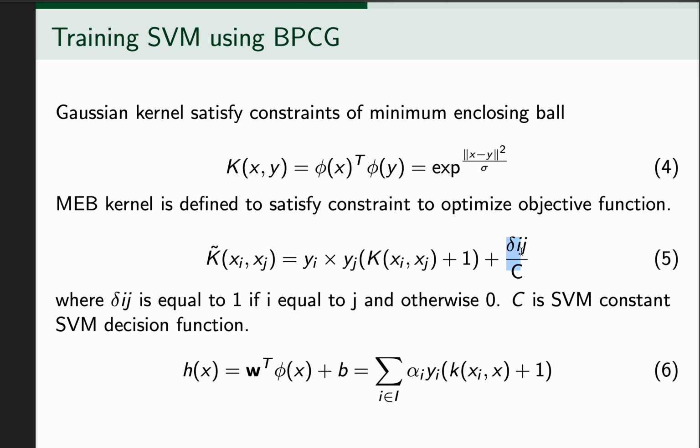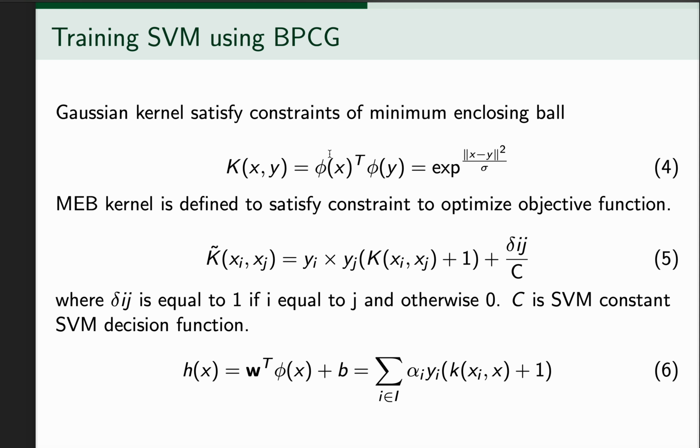where δ_ij is equal to 1 if the sample's index i equals index j, otherwise it is equal to 0. A kernel that satisfies this constraint is the Gaussian kernel, which is defined in equation 4.